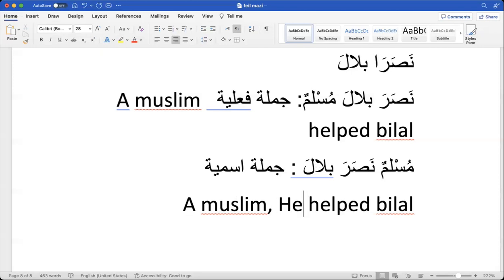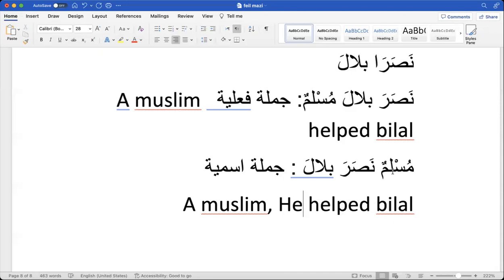The inside doer, the Zamir inside, is he, and he refers to Muslim. You see that even in the translation itself, you can bring that picture into consideration. Both sentences convey the same meaning, but this one is stronger.